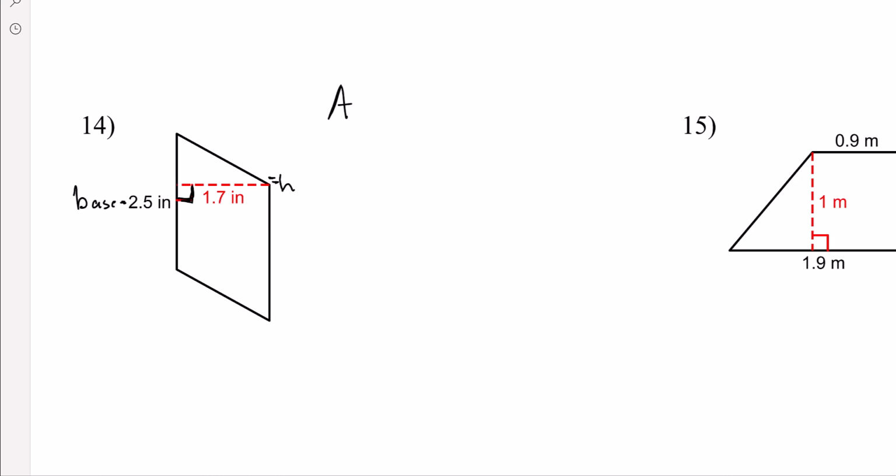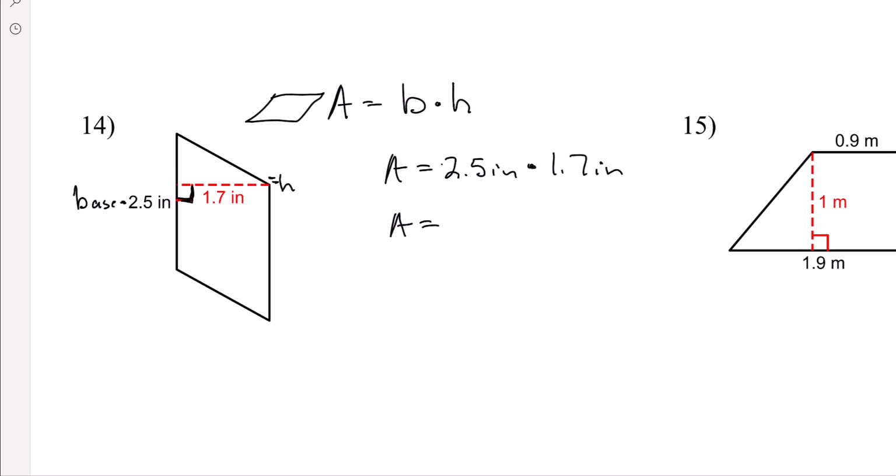And the area for a parallelogram is base times height. So the base is 2.5 inches times the height of 1.7 inches. 2.5 times 1.7 gives us 4.25 inches, and inches times inches is inches squared.